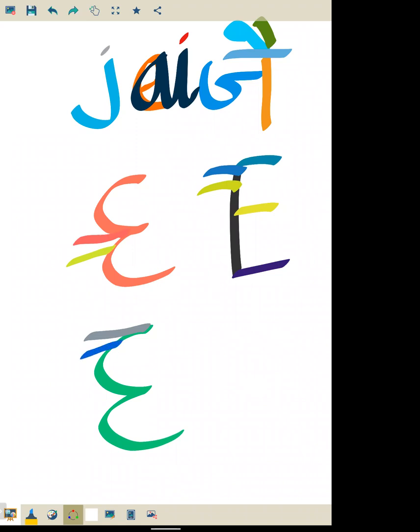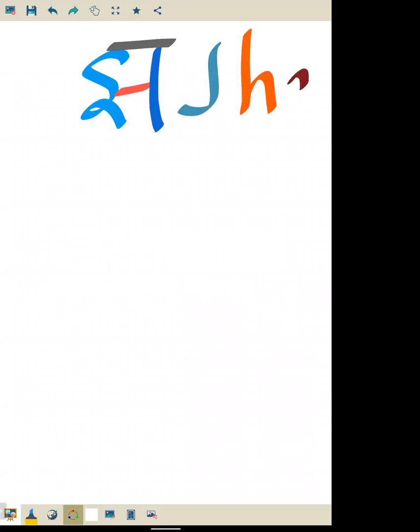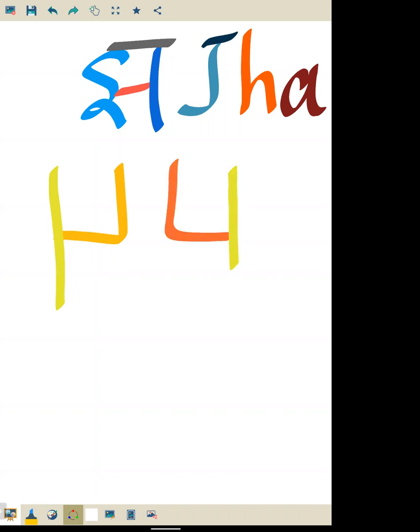Actually the procedure is the same. Only the shape has changed. So cha cha ja, ja. Ja. The ja, actually there are two types of ja, both are ja. So you can use them as we do in the ka.